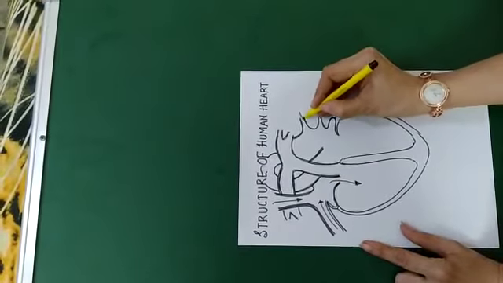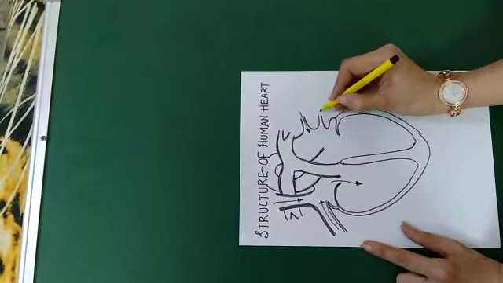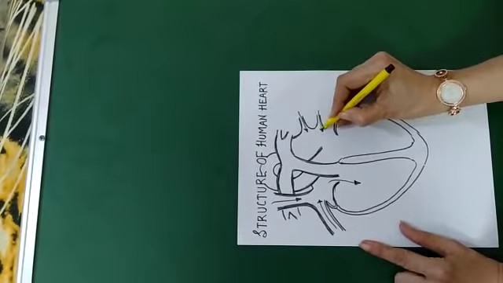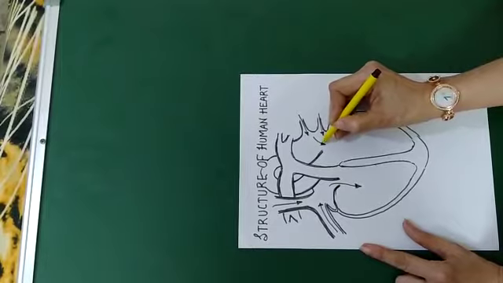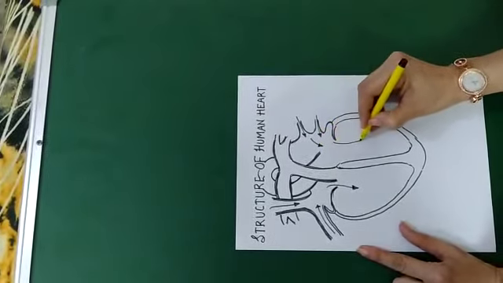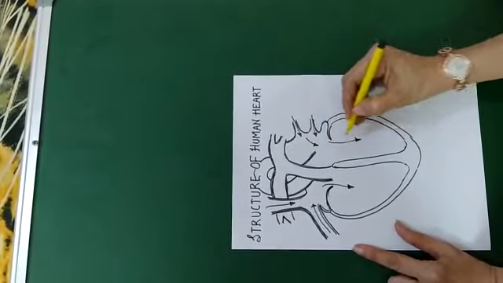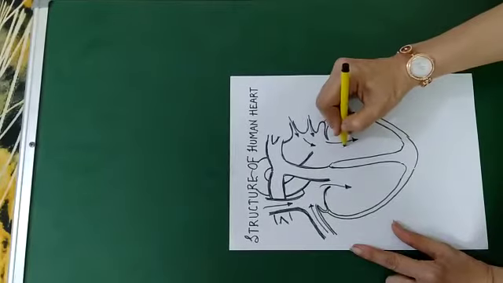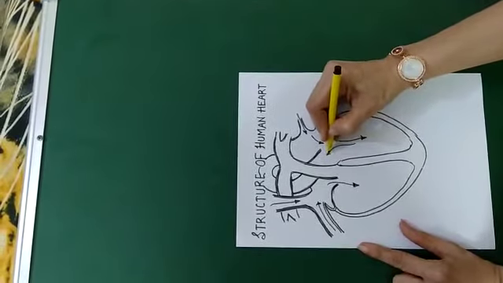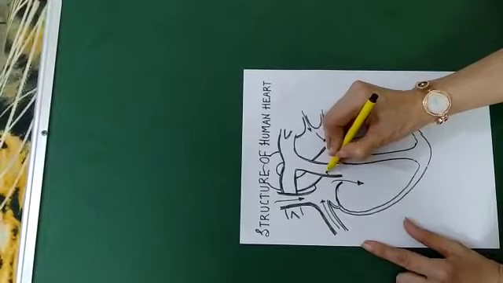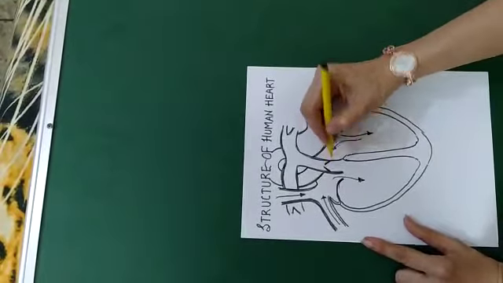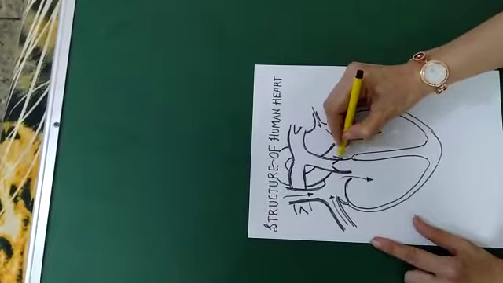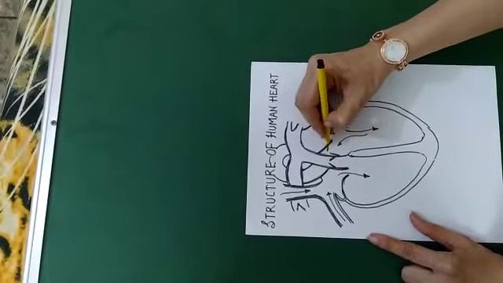Then from the pulmonary veins, the oxygenated blood will enter into the left atrium, then into the left ventricle. From the left ventricle it will go to the aorta. Then we have to make valves at the base of the pulmonary artery and at the base of the aorta too.